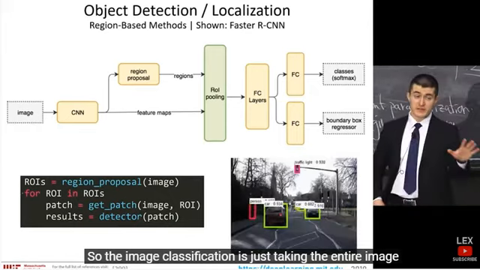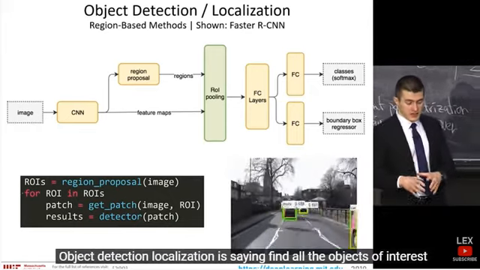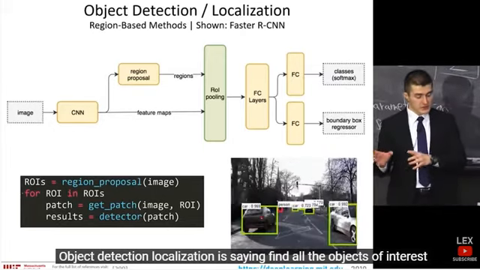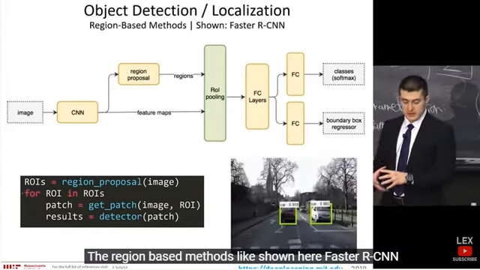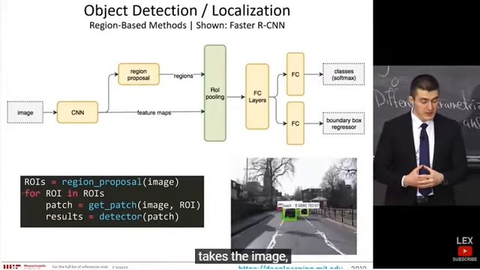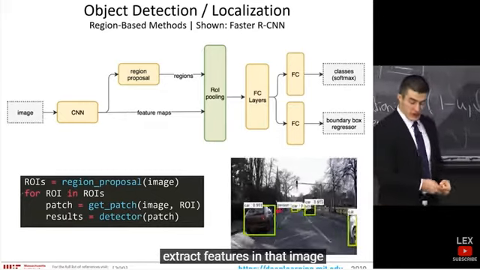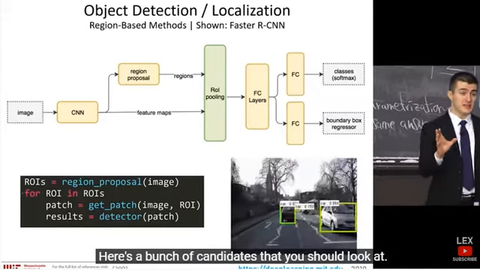The object detection problem is the next step in visual recognition. Image classification is just taking the entire image and saying what's in the image. Object detection and localization is saying find all the objects of interest in the scene and classify them. The region-based methods, like Fast R-CNN shown here, take the image, use a convolutional neural network to extract features from that image and generate region proposals: here's a bunch of candidates that you should look at.